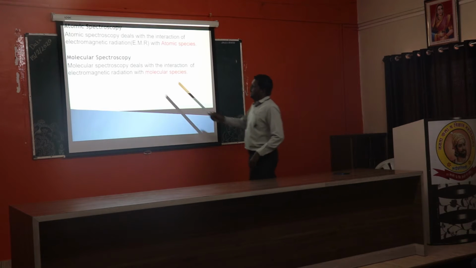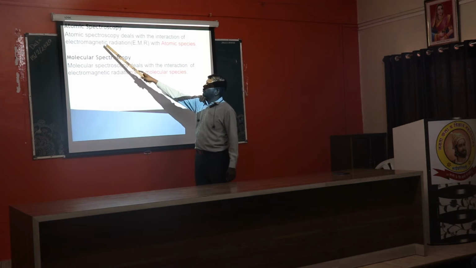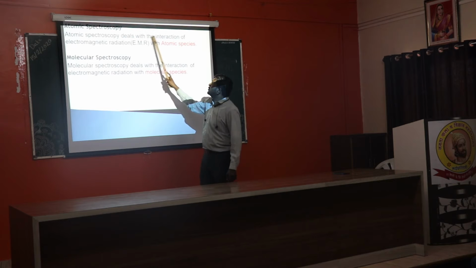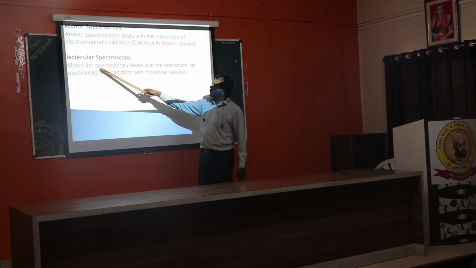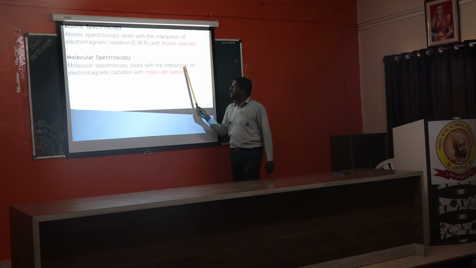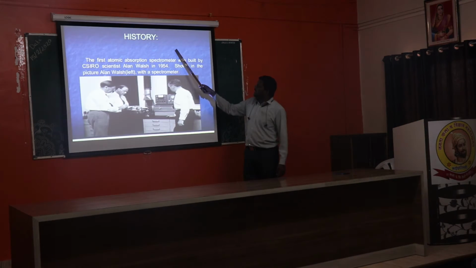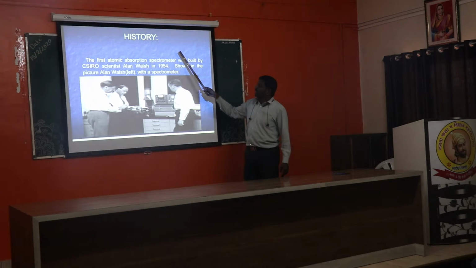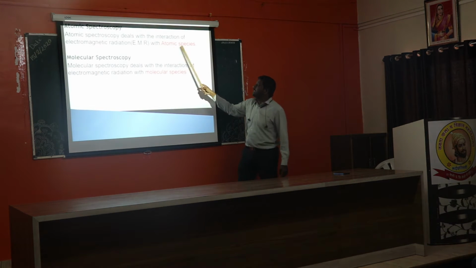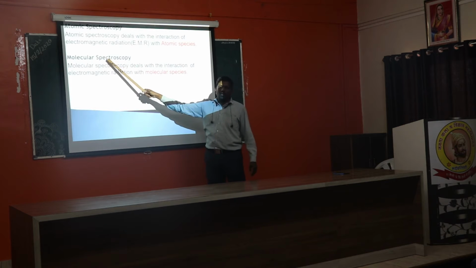Now see, in the last chart we have seen atomic spectroscopy and molecular spectroscopy. Atomic spectroscopy deals with the interactions of electromagnetic radiation with the atomic species. And molecular spectroscopy deals with interactions of electromagnetic radiation with the molecular species. Atomic species for atomic spectroscopy, molecular species for molecular spectroscopy.